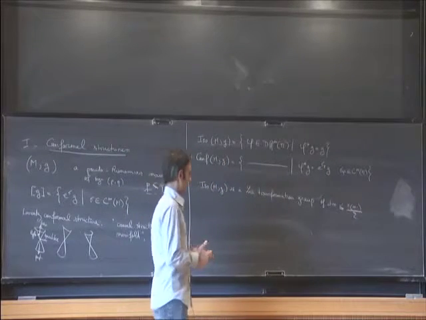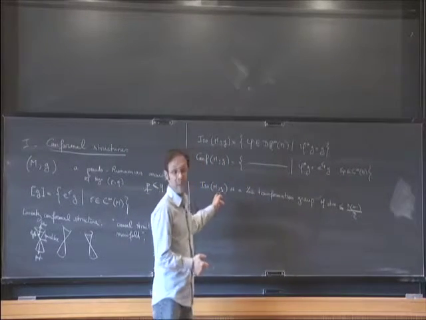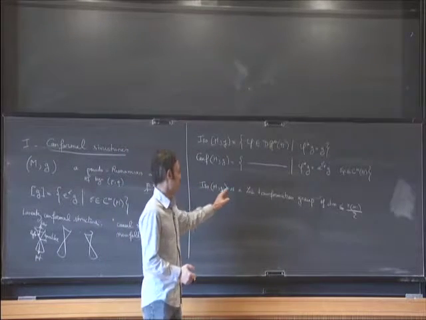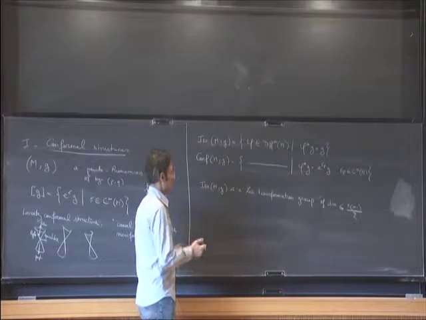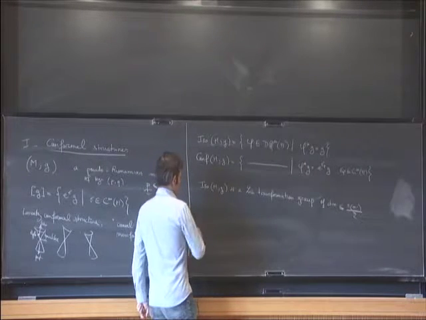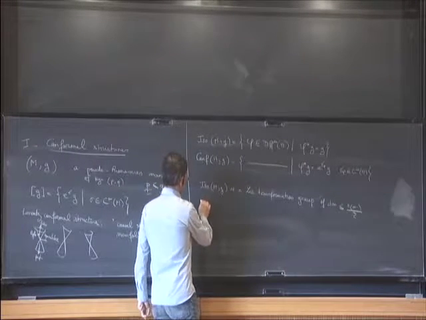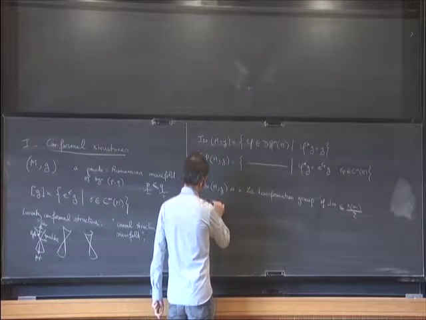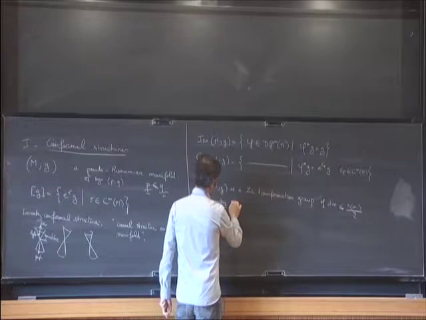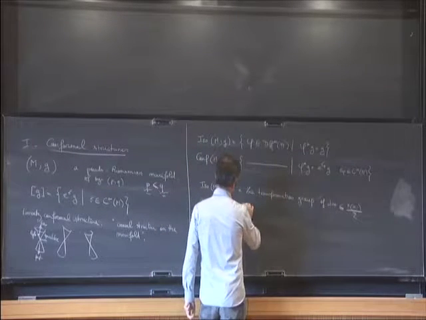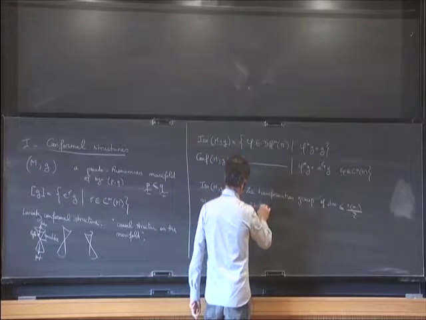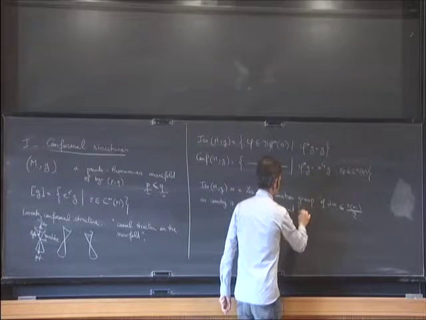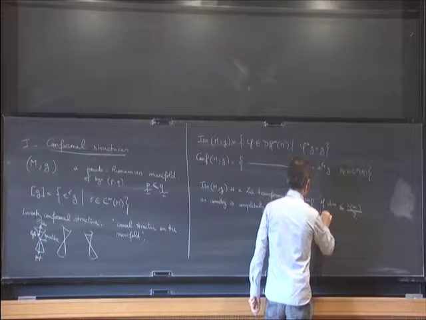To have maybe an intuition why this group is finite dimensional: it's rather more difficult to prove that it's a Lie group, but why is it finite dimensional? It's basically the fact that an isometry, either Riemannian or pseudo-Riemannian, is completely determined by its one-jet at a point.